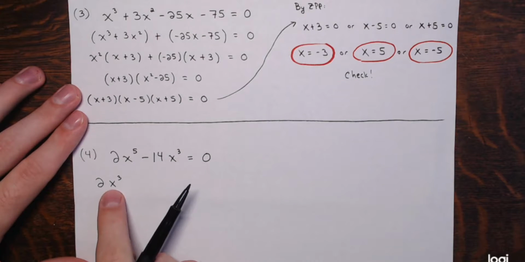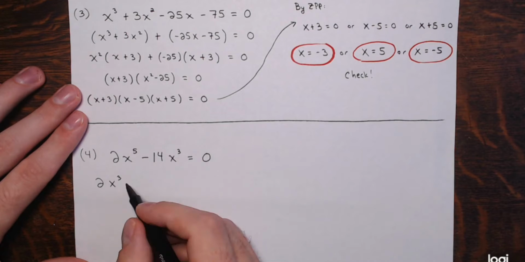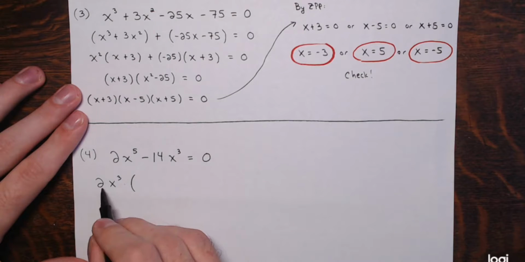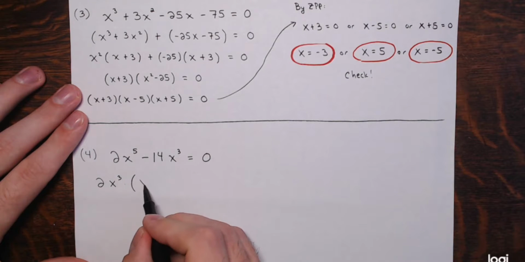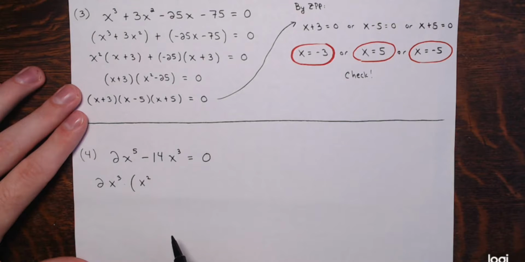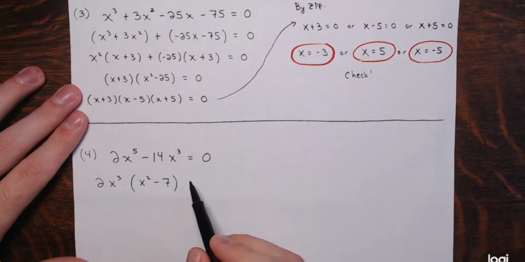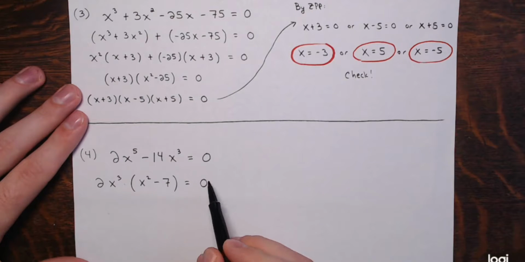So instead of writing x times x times x, I'm going to leave it as x cubed because it's just the same factor over and over again. And if I remove the factor of 2x cubed, you'll be left with x squared minus 7, equals 0.